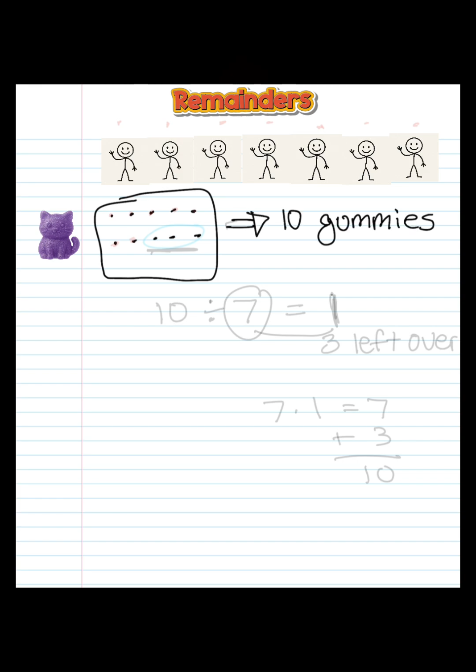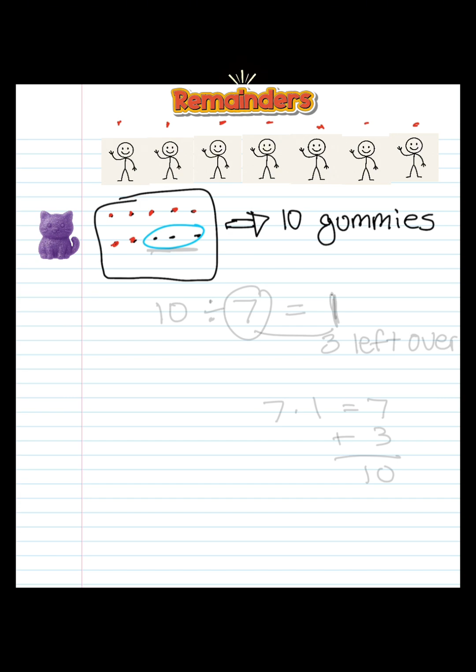How can you share this pack of gummies with your friends? So one way, let's say you're going to start with giving each person 1 gummy. 2, 3, 4, 5, 6. And there's 10 gummies in your bag. So you have 3 gummies left that you can eat for yourself.